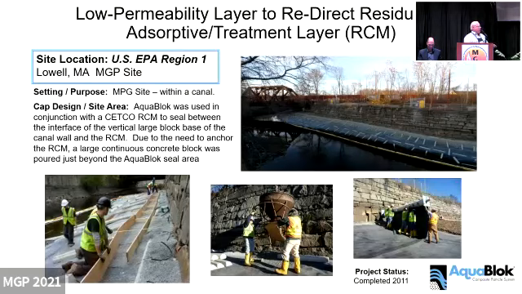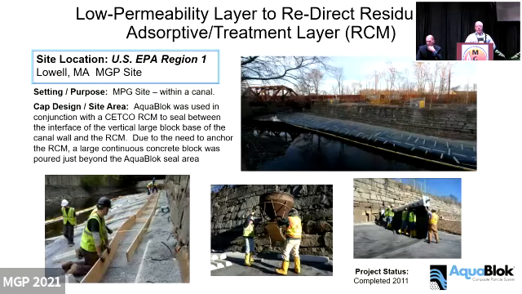This was an MGP site in Massachusetts where they had a pretty unique problem in that they had a historic wall and seepage of contaminants coming from the base of the wall down into the canal. And because of the steepness of the slope, of course, our materials have an angle of repose.